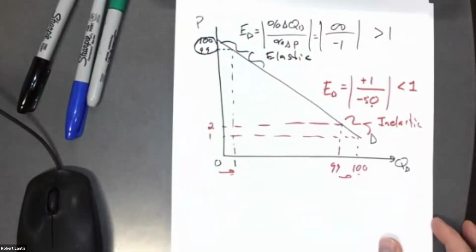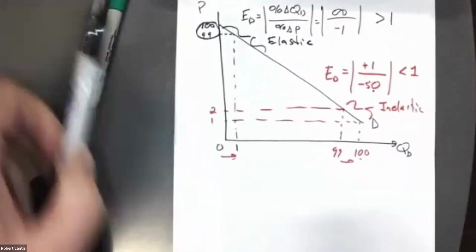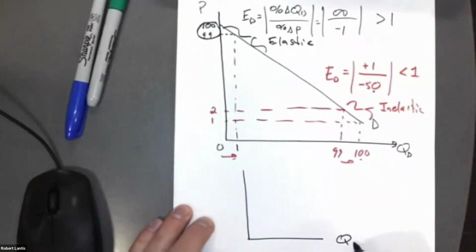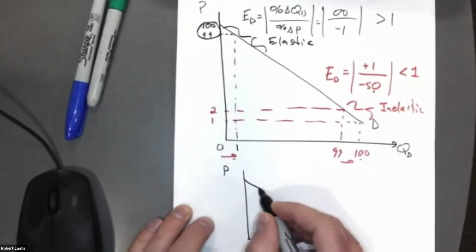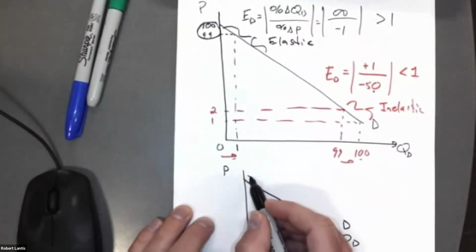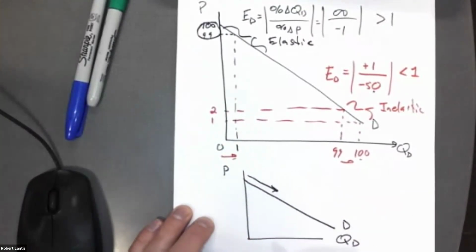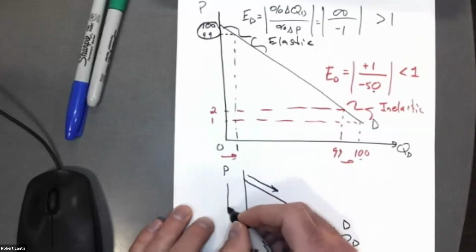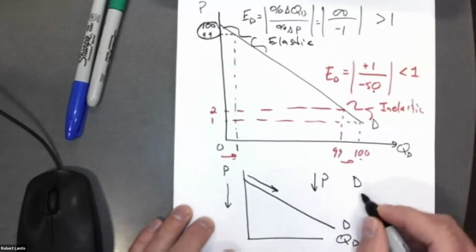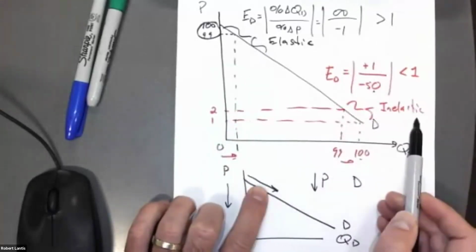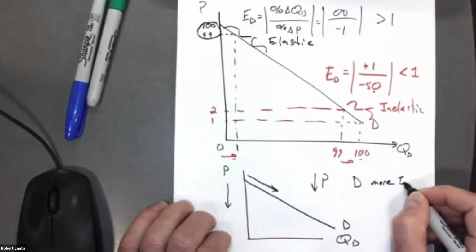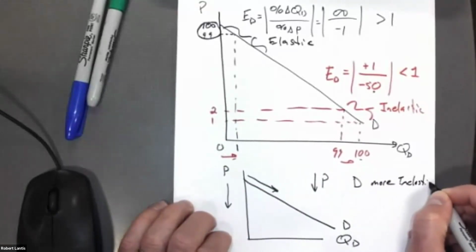Okay. And if you just, not using these numbers, a more general graph would be something like this, where if I'm looking at any demand curve, as I move down that demand curve, or as prices are getting lower, demand is becoming more, well, if I'm going from something above one to less than one, it's becoming more inelastic, right?